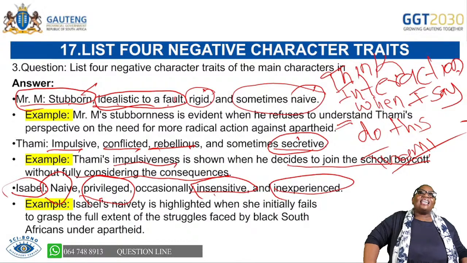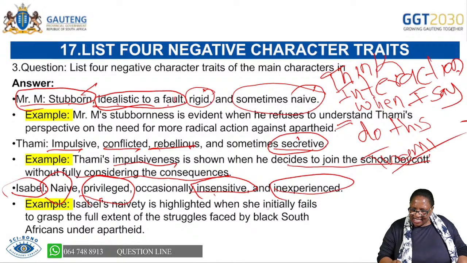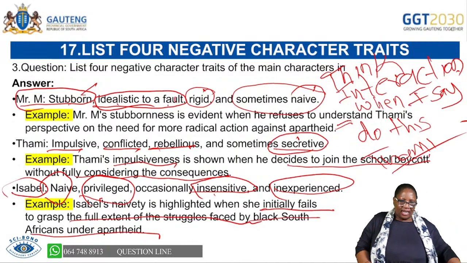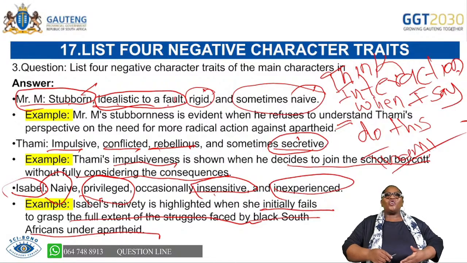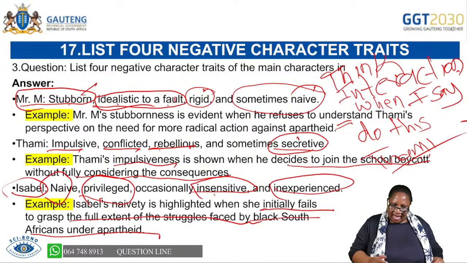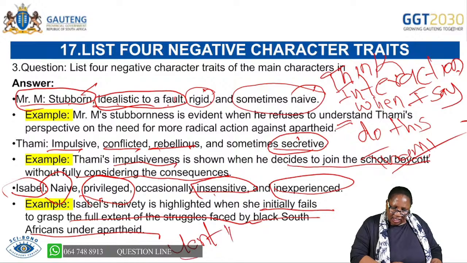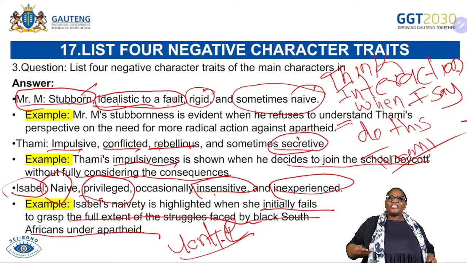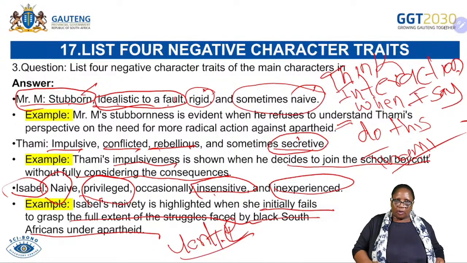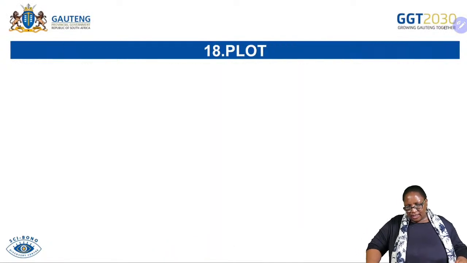Isabel's naivety is highlighted when she initially fails to grasp the full extent of the struggles faced by Black South Africans under apartheid. She knew that she would visit auntie. Then she will stand there at the gate, and that's all that she knew about Black people. Not more than that. Right?